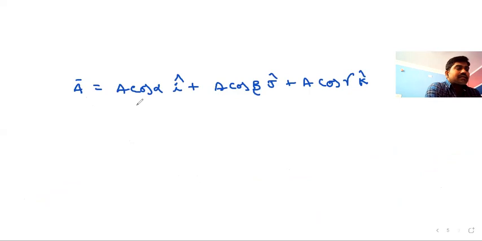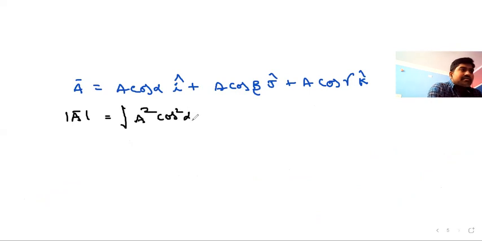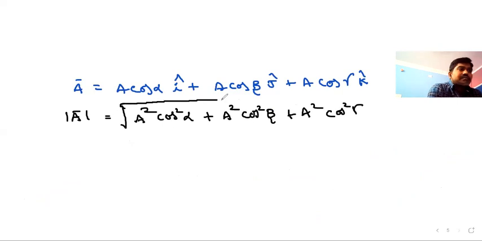If I consider here the magnitude of this particular vector, what will be the magnitude, modulus A bar? Magnitude of A bar will be root over x component square, that means A square cos square alpha, plus y component square, that is A square cos square beta, plus z component square, A square cos square gamma. If this is the whole vector, then modulus A bar can simply be written as A only, no?